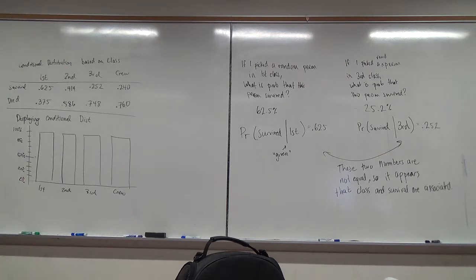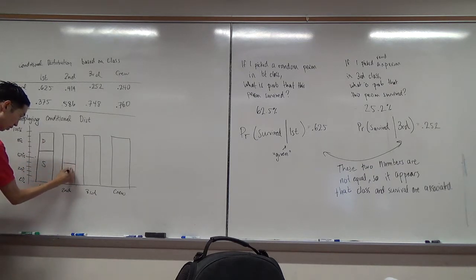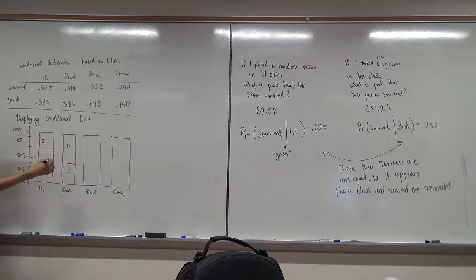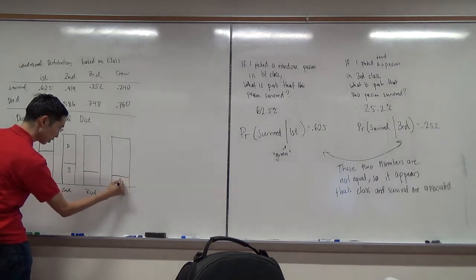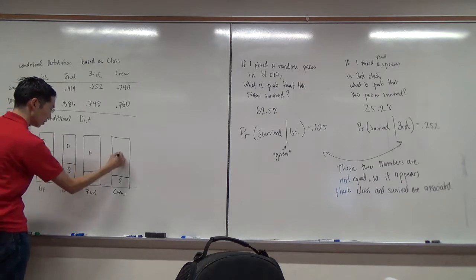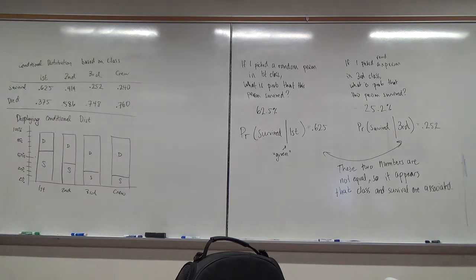So they would all be 100% in height, but we would draw a dividing line indicating which part survived and which part died. So this would be something like that.